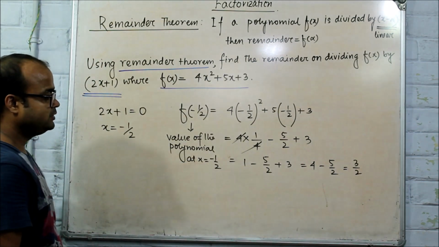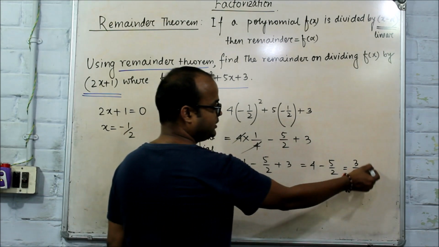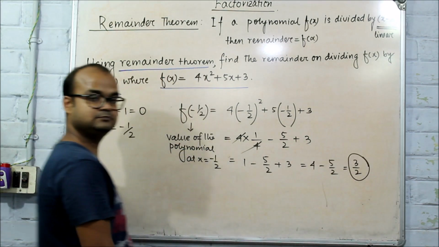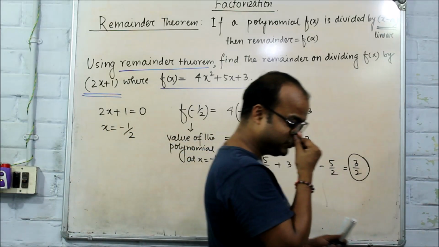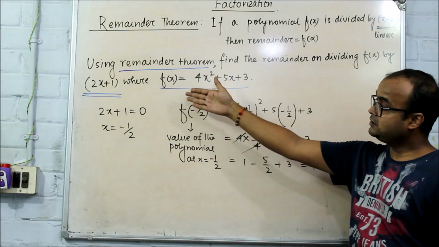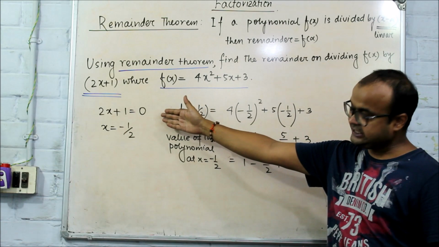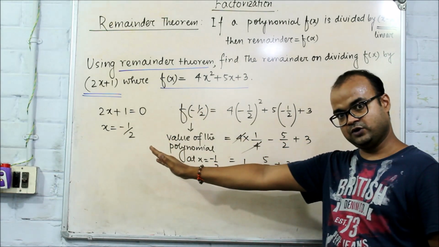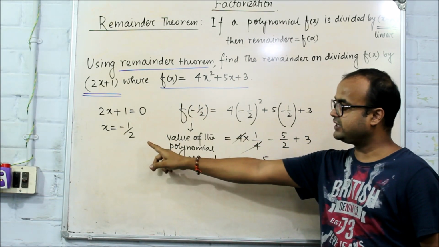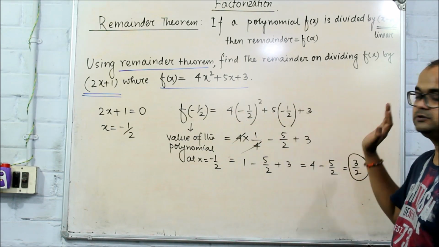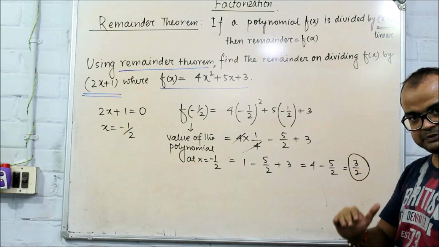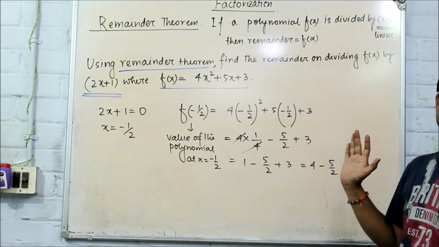So the remainder is equal to 3 by 2. Clear? So the steps you need to follow: whatever the divisor is, equate it to 0 to find the value of x. Once you get the value of x, substitute that value in place of the variable. Compute or simplify, and you will get the remainder.